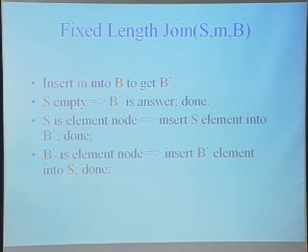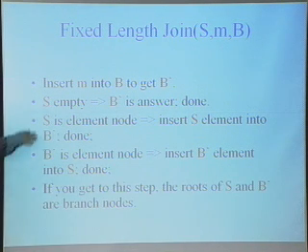Okay. Basically, all of this stuff here is to, one, reduce the three-way join to a two-way join, and to take care of the case when one of the two trees, S and B, is empty, or has only one element in it. Okay.